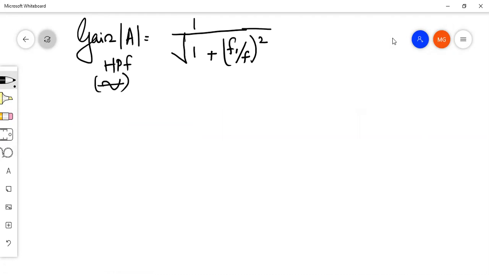This is what we got in the last slide. Then I gave the substitution f1 equal to 1 divided by 2 pi RC. Then my question is, in this gain equation, which is the variable part? There are two quantities, f1 and f. Which is the variable?